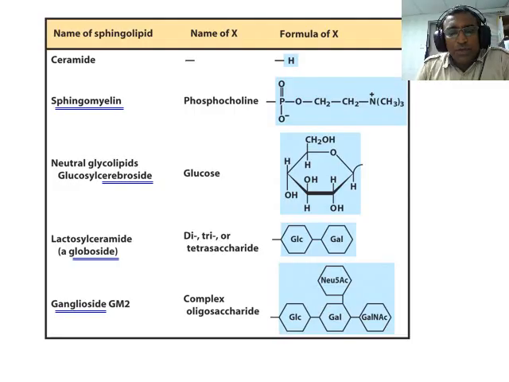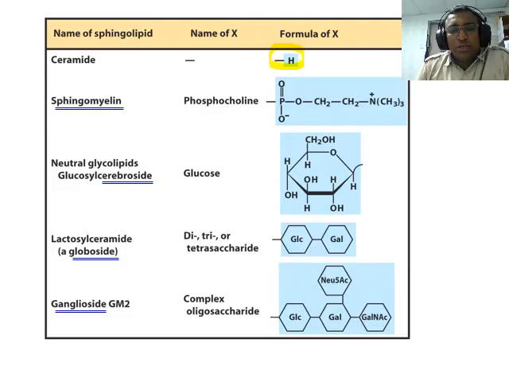So you have here various component or groups replacing the X. If it's only hydrogen, then it is referred as ceramide. Then if it's by phosphocholine, it's called sphingomyelin.